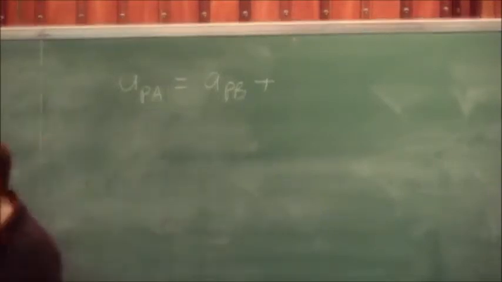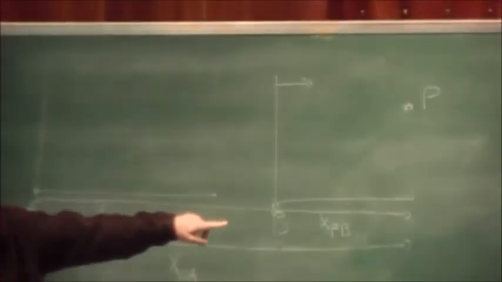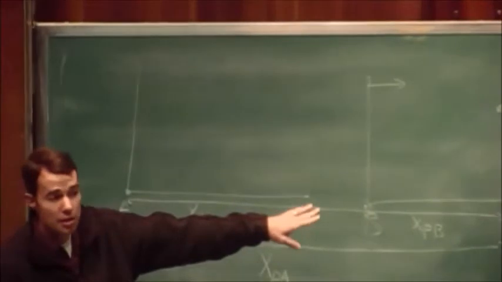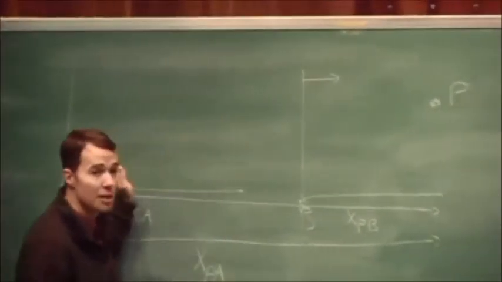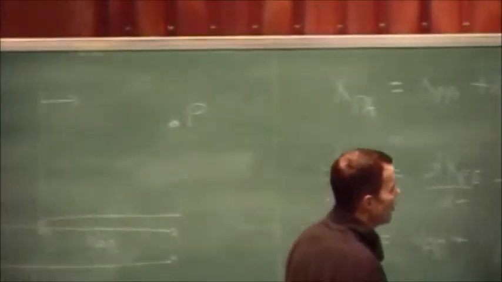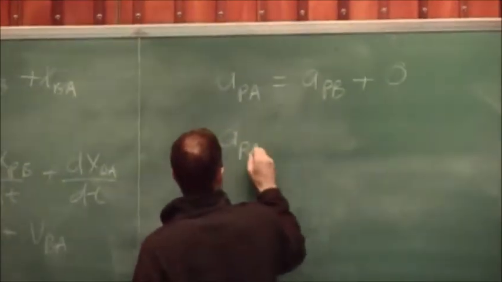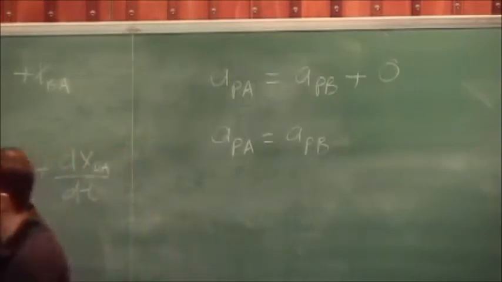What we've assumed here is that this reference frame is moving at a constant speed with respect to this point here. So what is dVBA/dt? 0. Because this reference frame is moving at a constant velocity with respect to this one. Okay? So we're going to say that this is 0, and so we can see that APA is equal to APB.